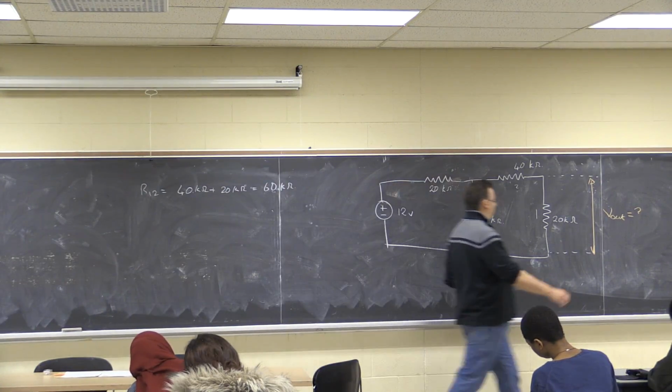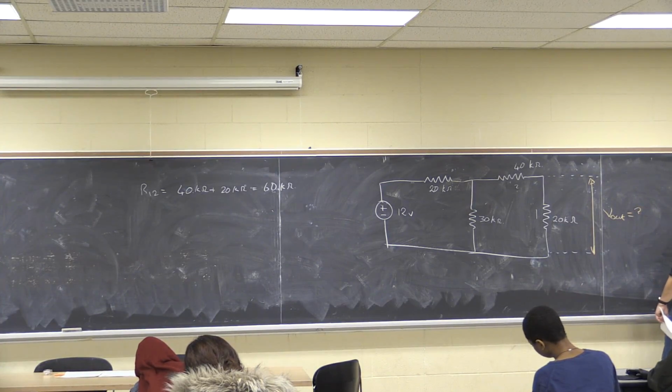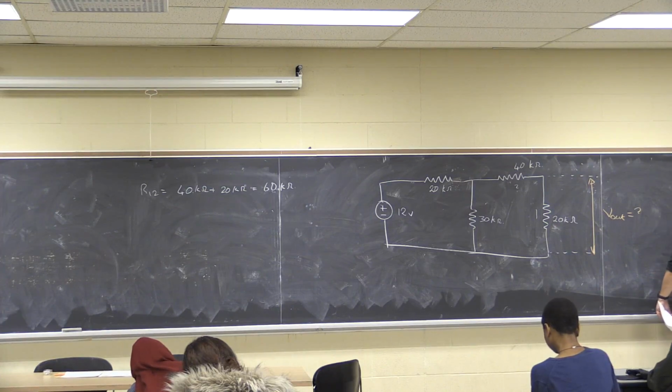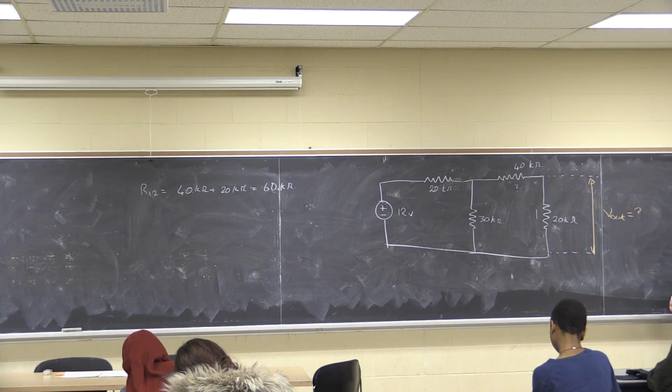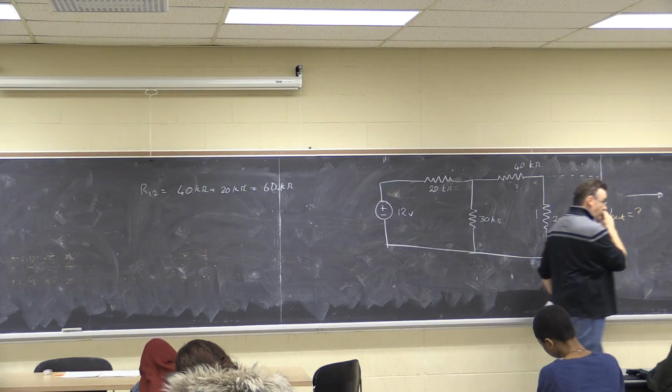And for this one, I can just quickly draw what I've done there. I've got the source, the 20K resistor, haven't touched the 30K, but now I have, this is 60 kilo ohms. So I've made the circuit look like this.